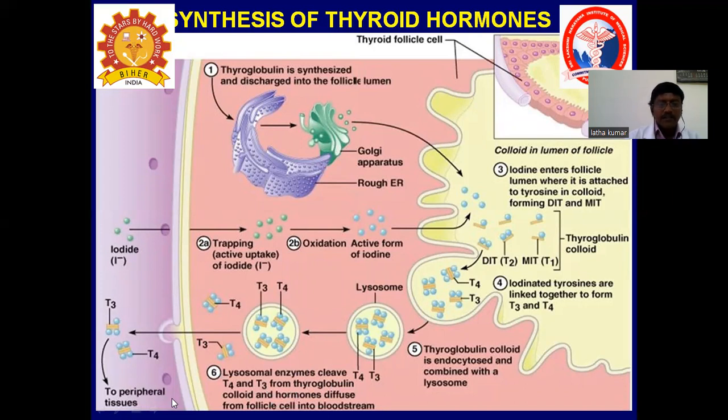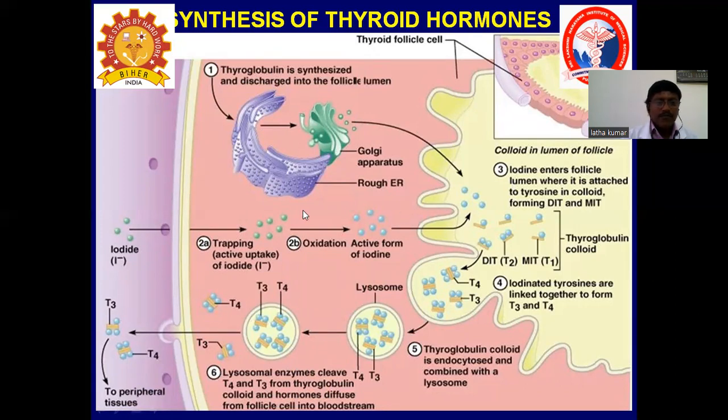Very clearly, the 6 points are written here, so you can easily identify them. Once again, I will repeat the synthesis of thyroid hormone. The first step is thyroglobulin, which is synthesized in the rough endoplasmic reticulum as well as the Golgi apparatus, and it will be released into the colloid.